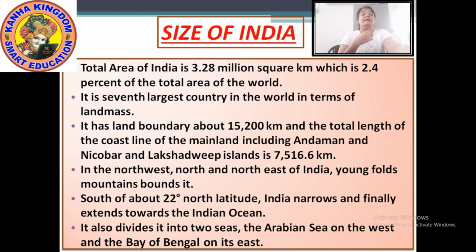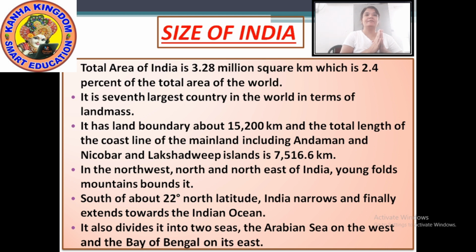India has a land boundary of about 15,200 kilometers, and the total length of the coastline of the mainland, including the Andaman and Nicobar Islands and the Lakshadweep Islands, is 7,516.6 kilometers. I hope everybody knows what an island is.